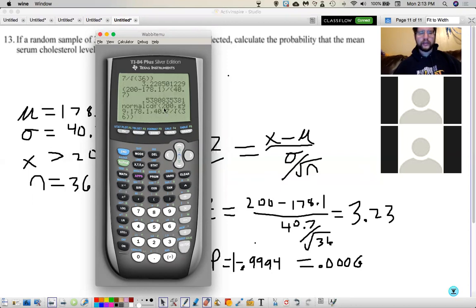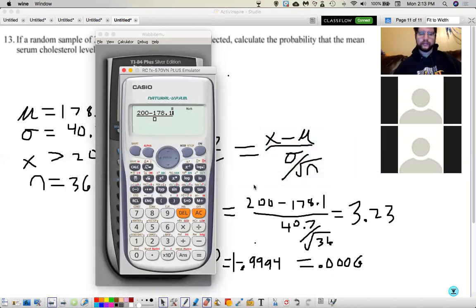And again, that's what it's going to look like in your calculator. Lower bound, upper bound, mean, standard deviation. Don't forget to divide by square root of your sample size. And it gives it to you in scientific notation, times 10 to the negative 4. That means we have to move this decimal back 4 spots. That's going to make 3 zeros in front of a 6, just like we have here.